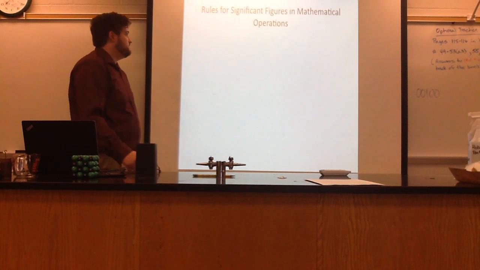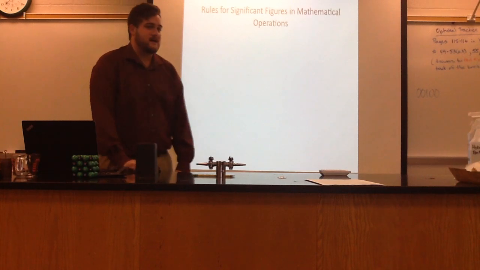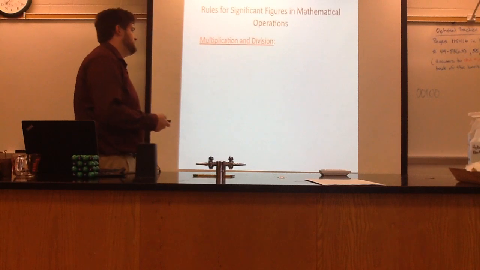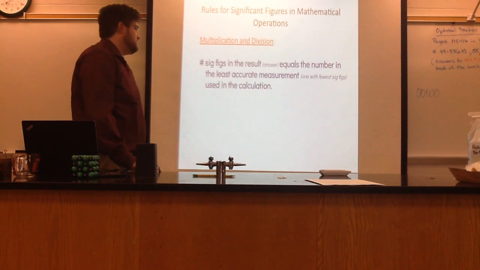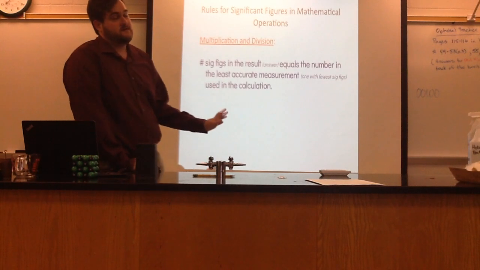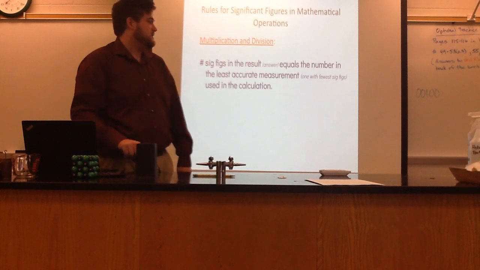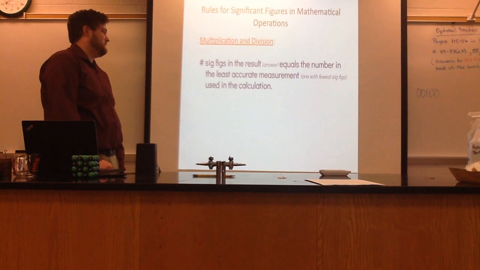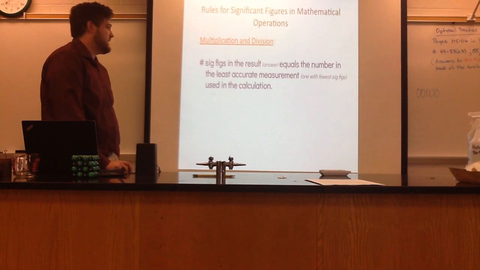So now we're going to go into our rules for mathematical operations here. The first one's pretty simple: multiplication and division. I'm going to say the fancy way to say it, and then the realistic way to think about it. The number of sig figs in the result equals the number in the least accurate measurement used in the calculation.